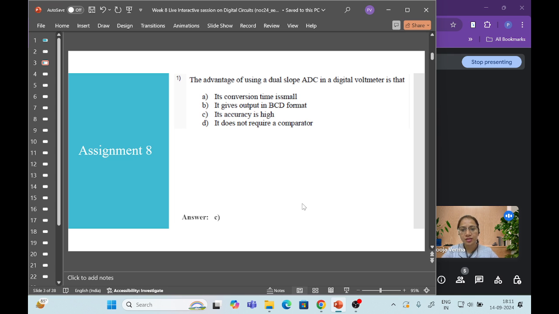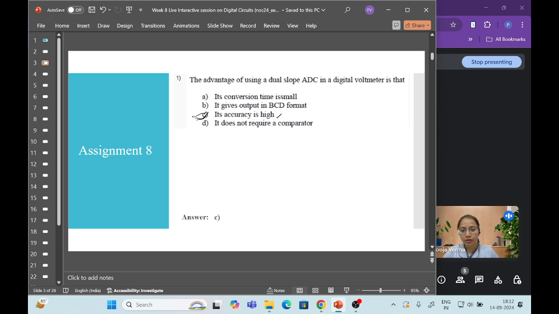This is the reason its accuracy is high. So the correct answer is C. Dual slope ADCs are used where we need high accuracy.